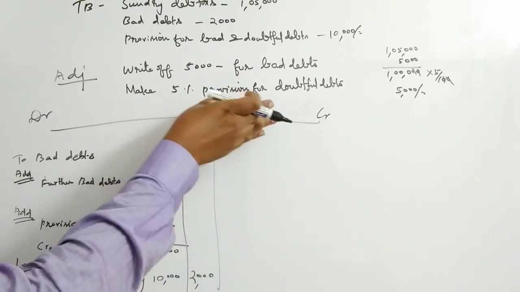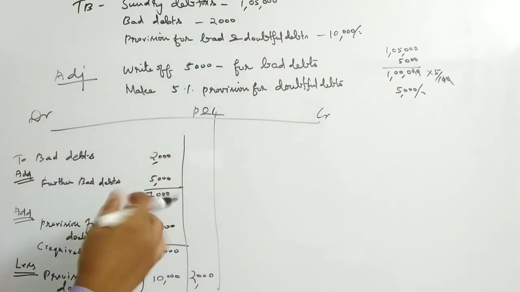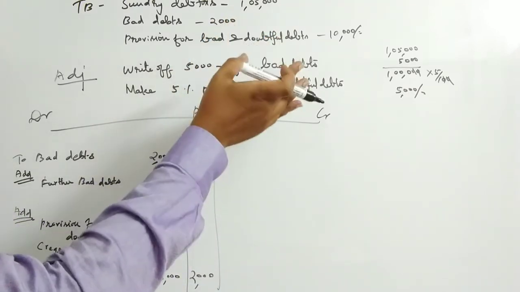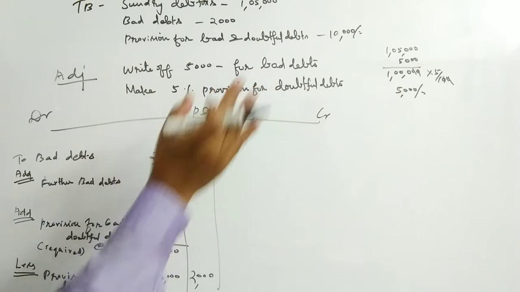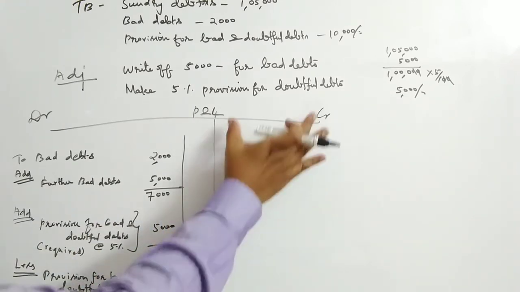Since the new provision value is higher than the existing provision, normally these two are treated as business losses, isn't it? So since the existing loss is lesser than the new required loss, the remaining value should be written at the outer column of the P&L. Suppose the existing provision is higher than this value, what we need to do is subtract these three things from the existing provision on the credit side of the P&L.